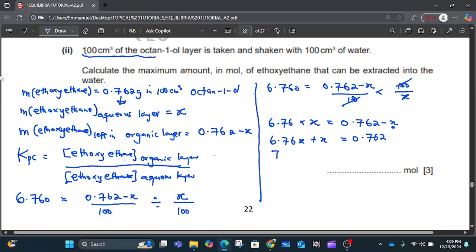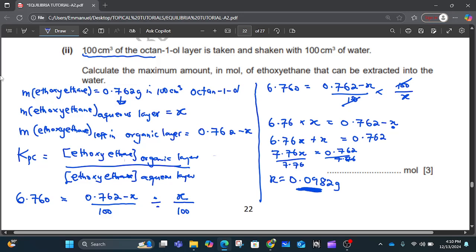And so here we get 7.76X is equal to 0.762. If we divide through by 7.76, we get our X, which is the mass of the ethoxyethane in the aqueous layer, as 0.0982 grams.